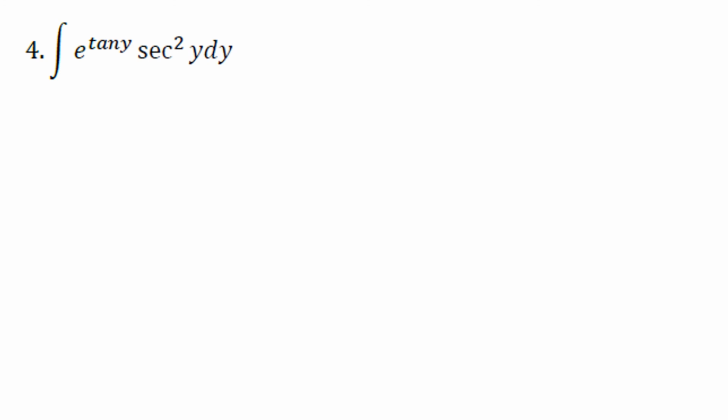For the fourth example, although this is a product of an exponential term and a trigonometric term, we notice that secant squared y is the derivative of tangent of y, which happens to be the exponent of e. Hence, we can use the exponential integration for this.